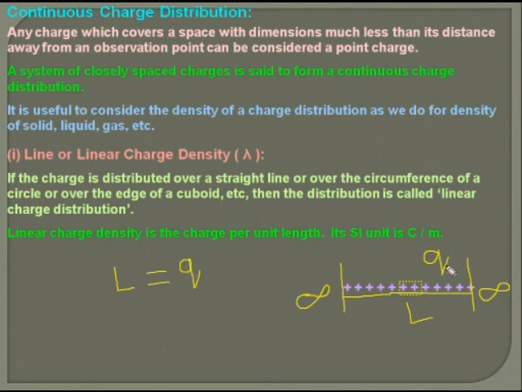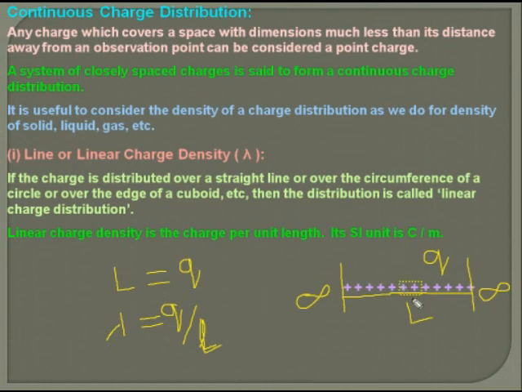This q charge is the charge over the length L, not on infinite length. So unit length will have a charge of q by L. The charge per unit length of a linear object is called its linear charge density or line charge density.